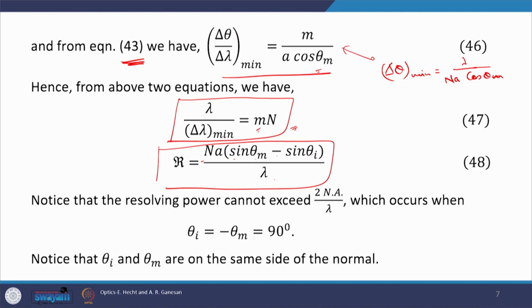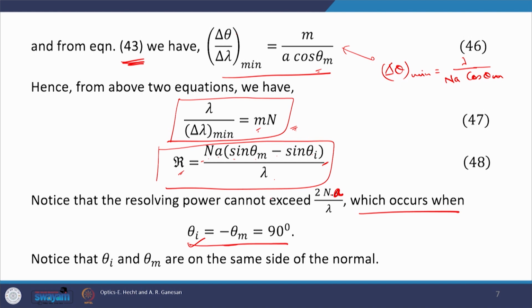Now, what is the maximum possible value of this? The maximum possible value of resolving power would be 2 N a by lambda, yes, it is a small a here. How to calculate it? This will occur when the angle of incidence is 90 degrees and it is equal to the angle of diffraction.